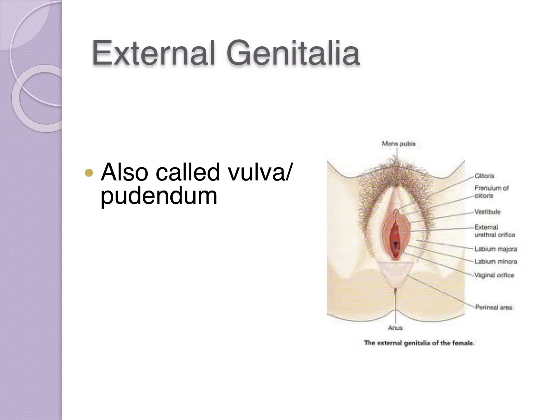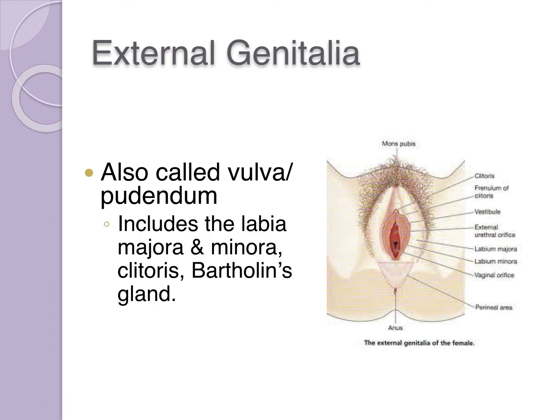The external genitalia as a whole of the female is known as the vulva or the pudendum. This includes things like the labia majora, labia minora, clitoris, Bartholin's gland, as well as what we'll see in a couple of slides, the mons pubis.